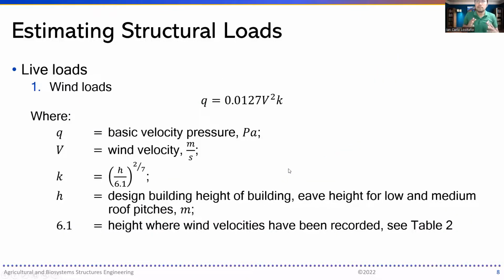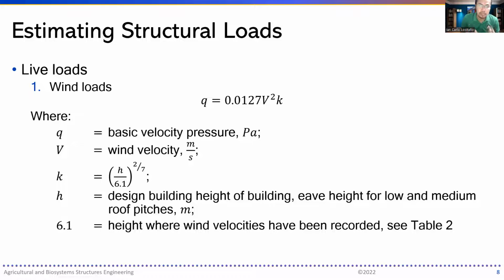There are other live loads to be considered in structures, and one of which would be your wind load. This is assumed based on the conditions of the area. You have here the equation Q equals 0.0127 V squared times K. This is an empirical equation based on observations.